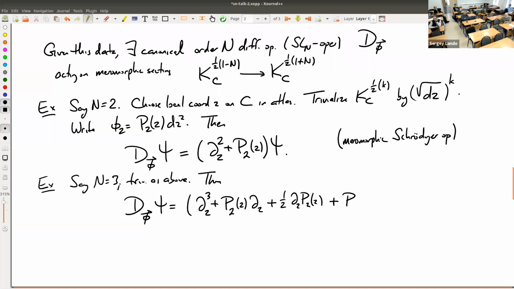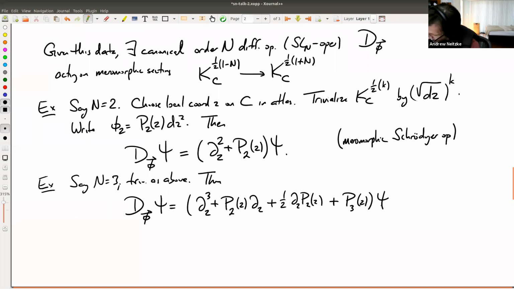In the previous example, can you be more precise about what is psi? Yeah, so yes, hold on, let me just finish writing this and then yes. So maybe let's write it in a slightly more longhand way. Phi 2 is this, and let's write psi to be some function f of z times dz to the, let's see, n is 2, so dz to the minus a half.